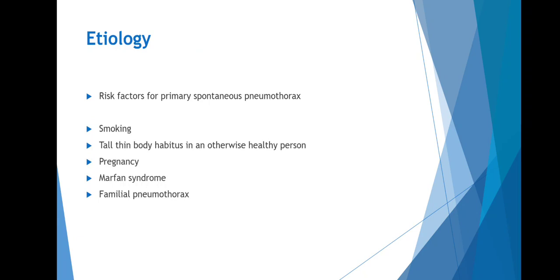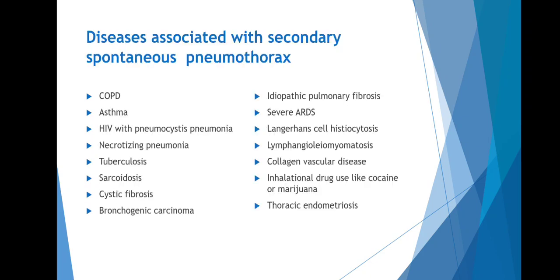So etiology. So risk factors for primary spontaneous pneumothorax include smoking, tall, thin body habitus in an otherwise healthy person, pregnancy, Marfan syndrome, familial pneumothorax.